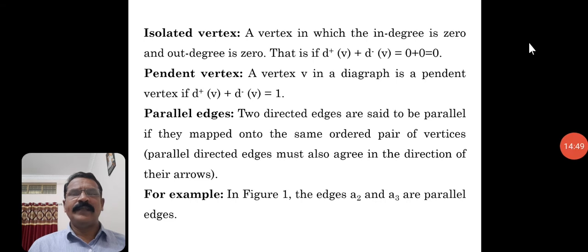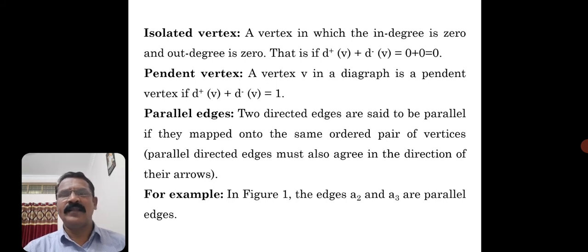Now we will see the pendant vertex. What is a pendant vertex? A vertex in a digraph is a pendant vertex if the sum of the out degree and in degree is equal to 1. What does it imply?